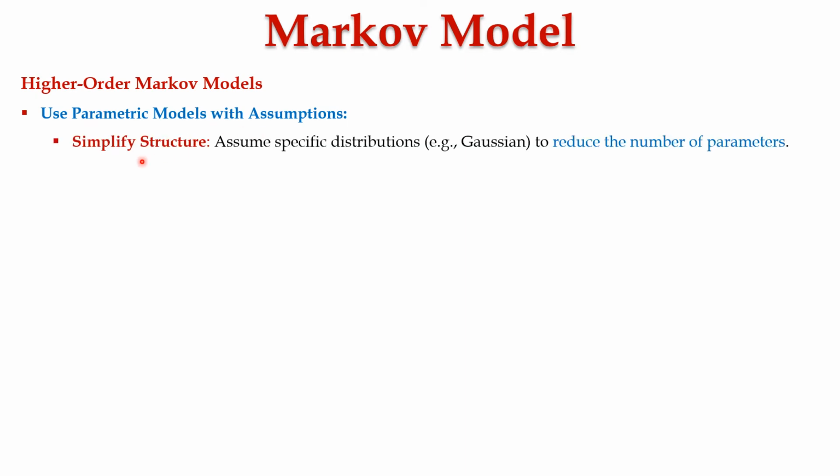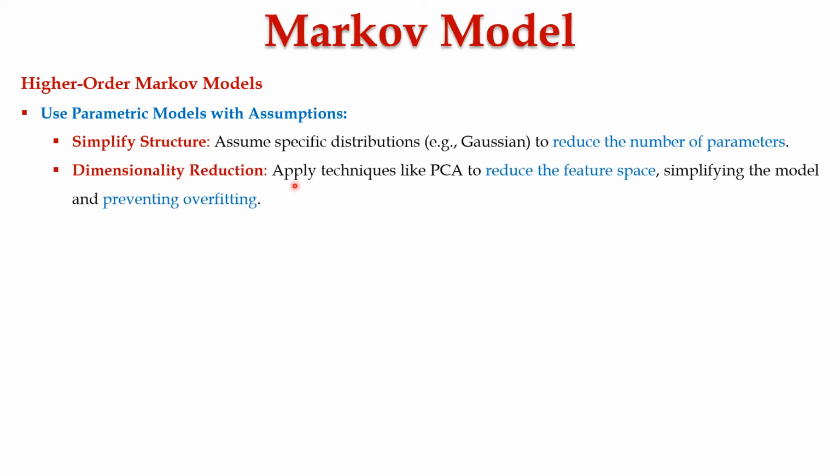First one is simplified structure, that is, assume a specific distribution like Gaussian distribution, or whatever is required for the application, in order to reduce the number of parameters. Next, dimensionality reduction. We can apply techniques like PCA to reduce the feature space, simplifying the model and preventing overfitting. We can also introduce latent variables.